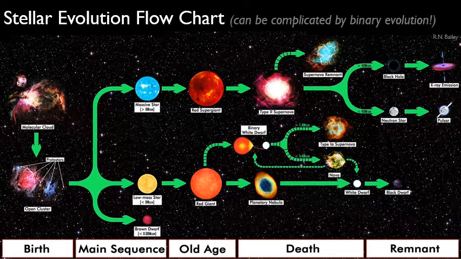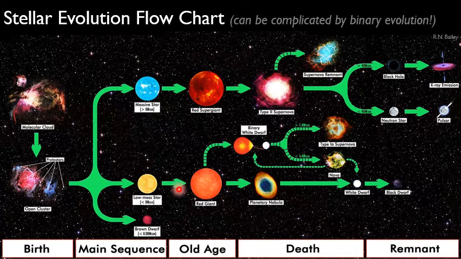So when we talk about stellar remnants, we've discussed these a bit in the low mass and high mass stellar evolution videos, but here it's all shown together comprehensively in one picture. We have a flow chart of stellar evolution starting from a gas cloud collapsing, and then you can branch things into whether something's low mass or high mass.